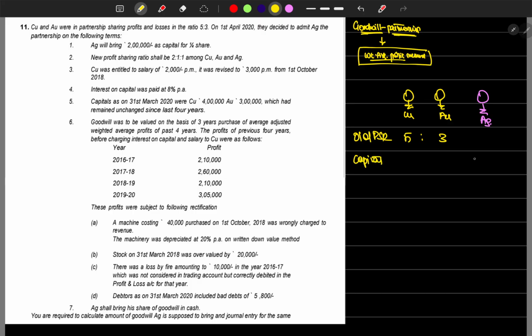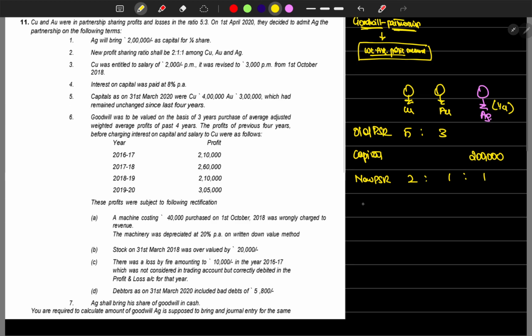Capital brought by AG is 2 lakhs for 1/4 share. The new profit ratio is 2:1:1.